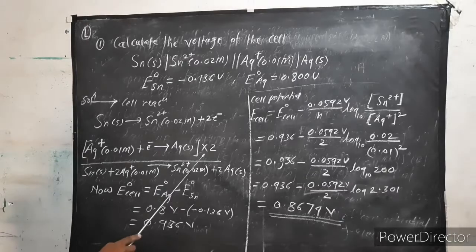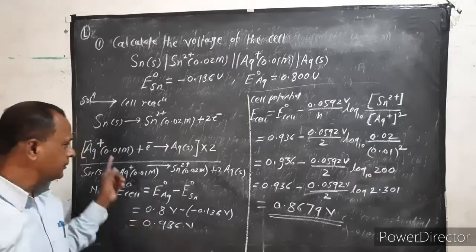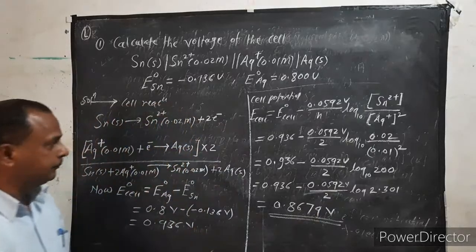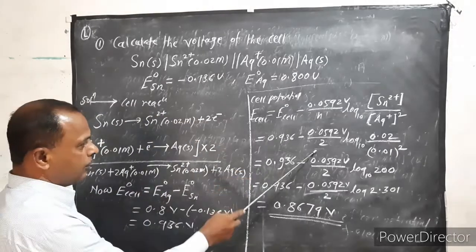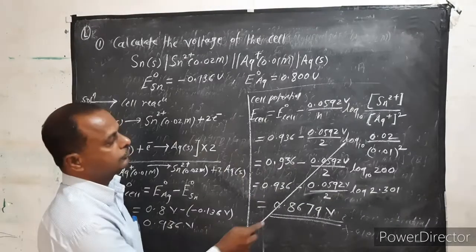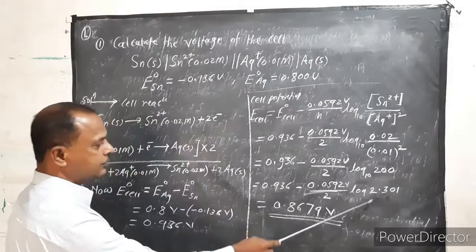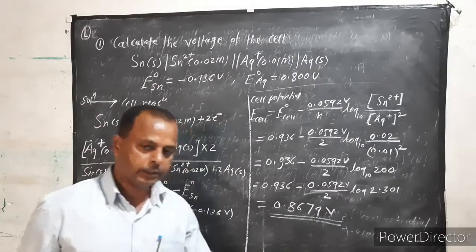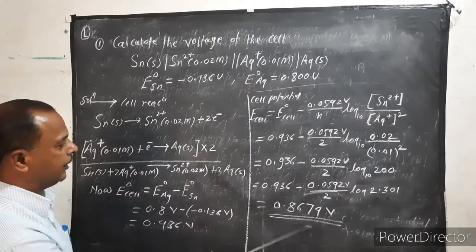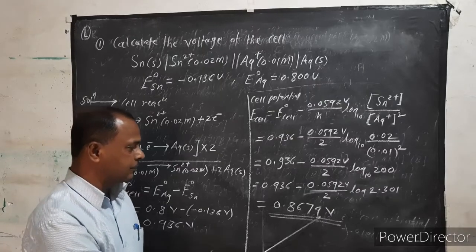It is raised to power 2 because in the chemical equation the reduction half reaction is multiplied by 2. Putting in the values, you get log of 200, which is the characteristic 2 plus log of 2, that is 0.3010. Putting down this value, you get the last value, the cell potential of 0.8679 volt.